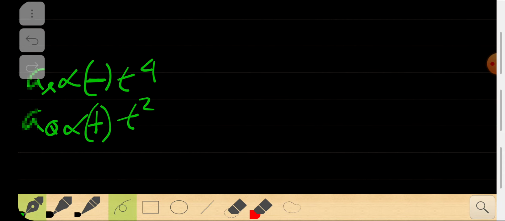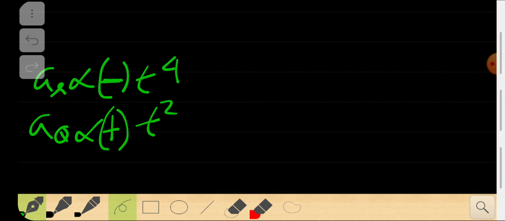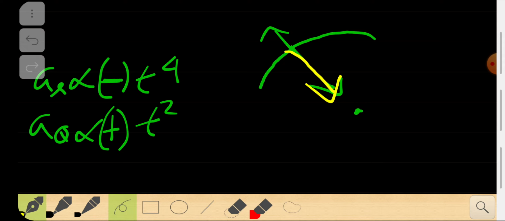So AR is going to be decreasing. This axis is the radial component from the center. The radial component is decreasing, which means the particle is going to be moving towards the inside.